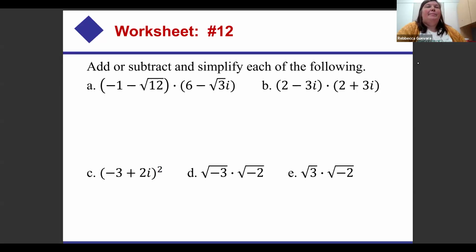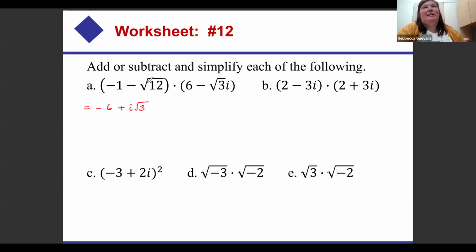Okay. So once again, like FOIL, -1 times 6 is -6. -1 times negative square root of 3i is plus, and so the i should have been out first, but i square root of 3. It's going to be positive.